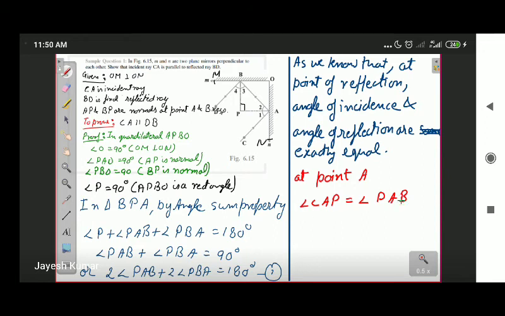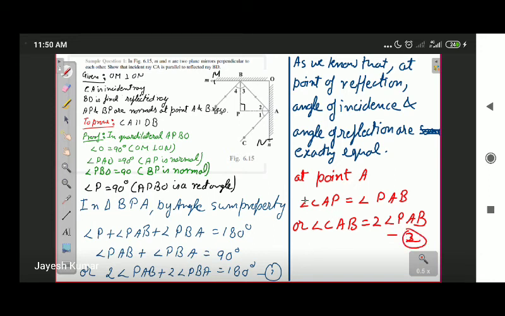Angles 1 and 2 are equal, or you can say angle CAB is twice angle PAB. If I add these two x, the total angle becomes 2x. So this is equation number 2.